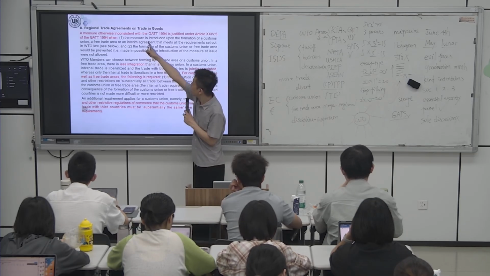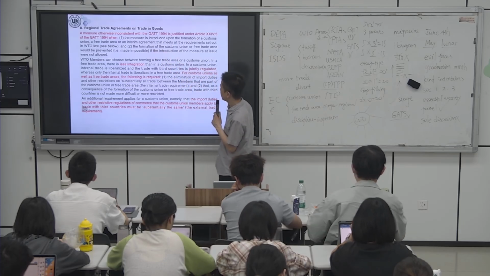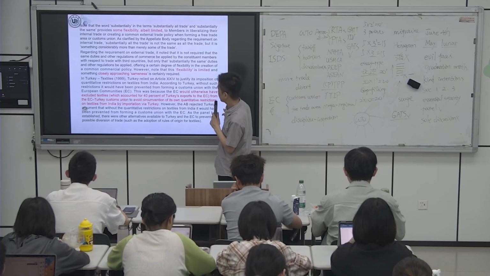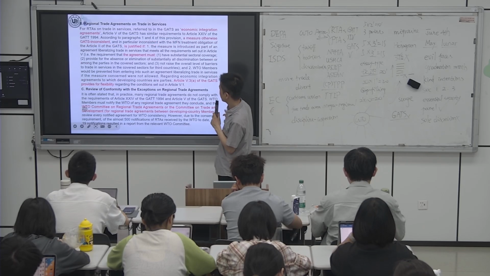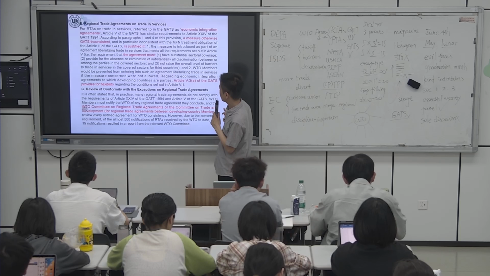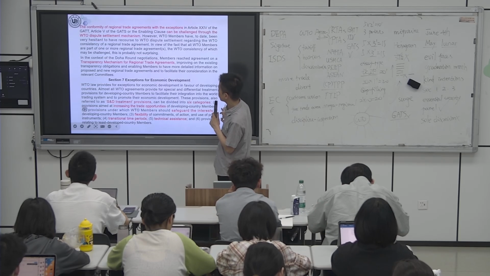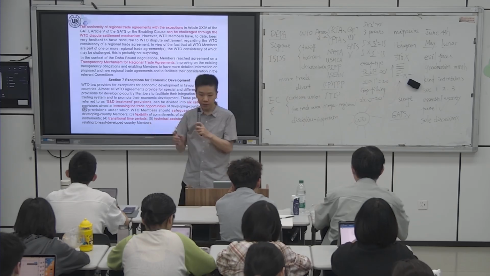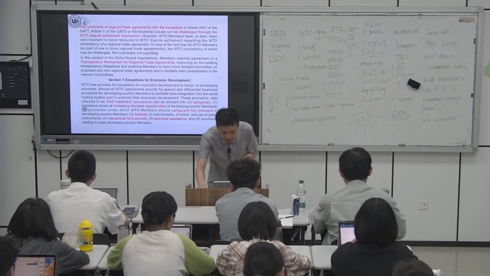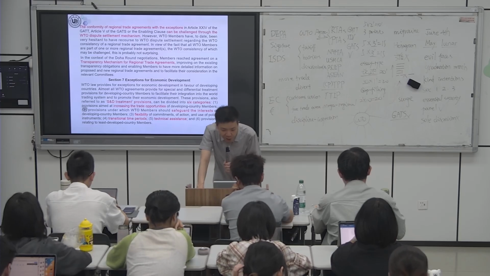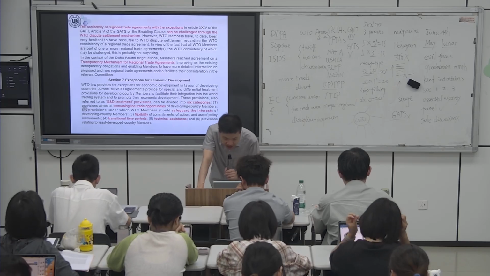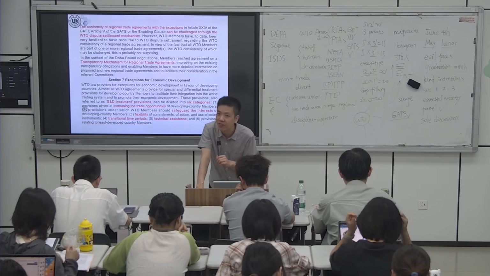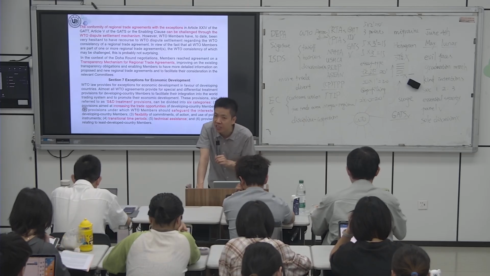This is the regional trade agreements on trading goods. Anyway, it's okay. I'll just tell you the answer directly. I'll feed you the answers. It's called Economic Integration Agreements.